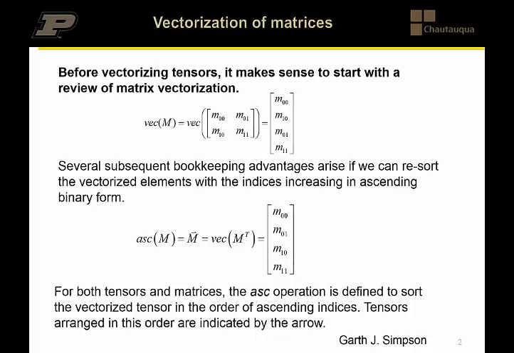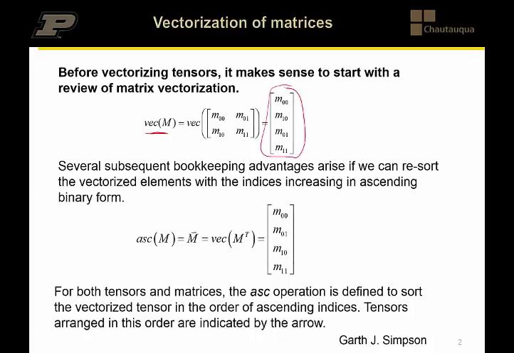So for vectorization of a matrix, the vec operator is well established, and this is the order of the elements that emerge from the vectorization operation. In vectorization of matrices, it's not difficult. There's no controversy over the ordering of elements at all.